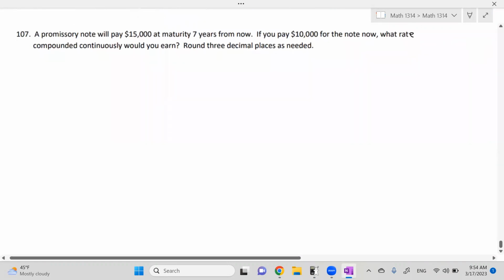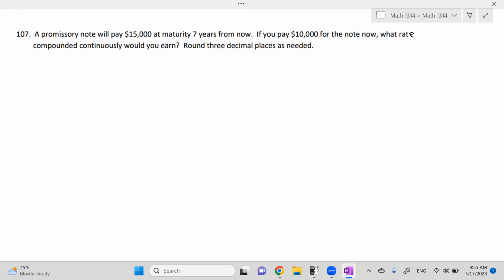Let's see, last example. 1.7. A promissory note will pay 15,000 at maturity 7 years from now. If you pay 10,000 for the note now, what rate compounded continuously would you earn?